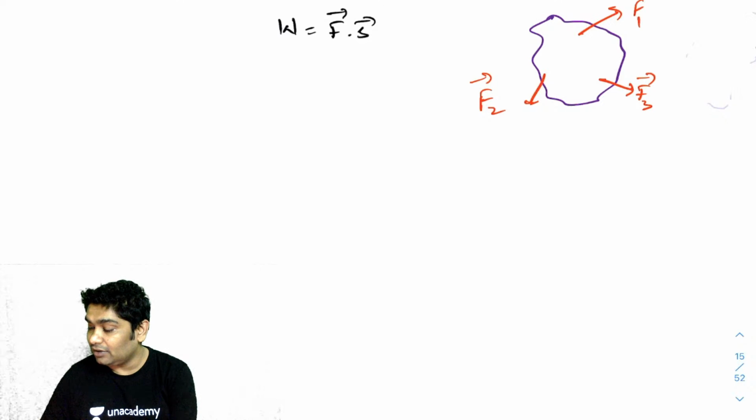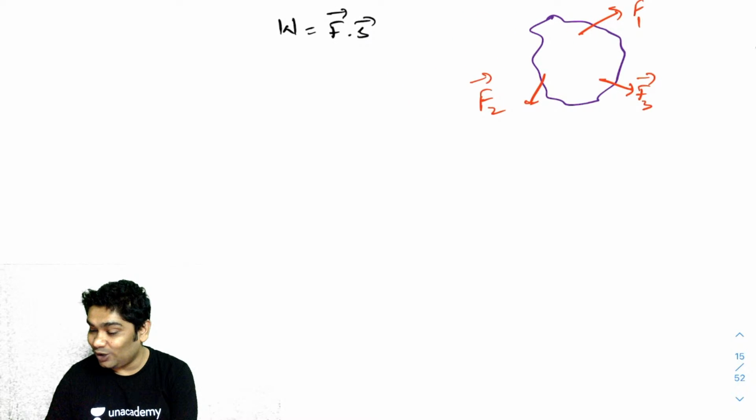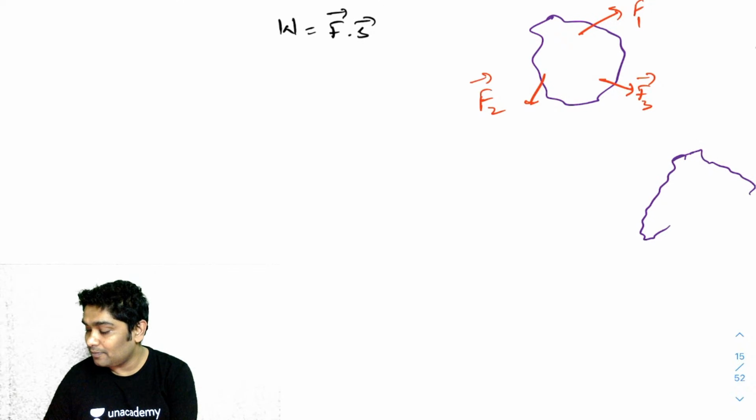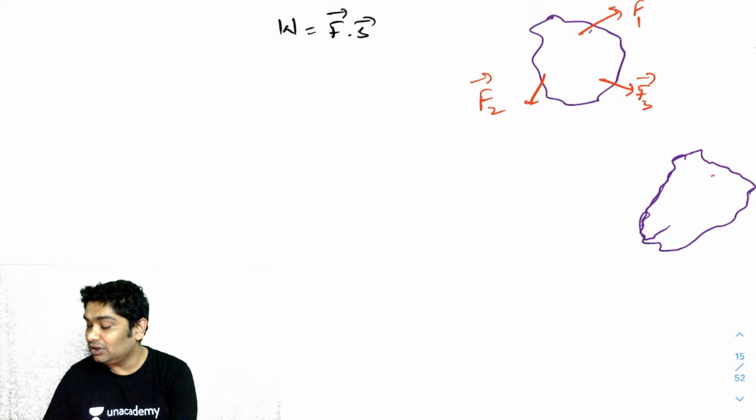So maybe I can use some more space to draw its displacement. Let's say that this is where this body landed. Somewhere here, this is what became of this body. So this point where F1 was acting has shifted here, F1 vector.